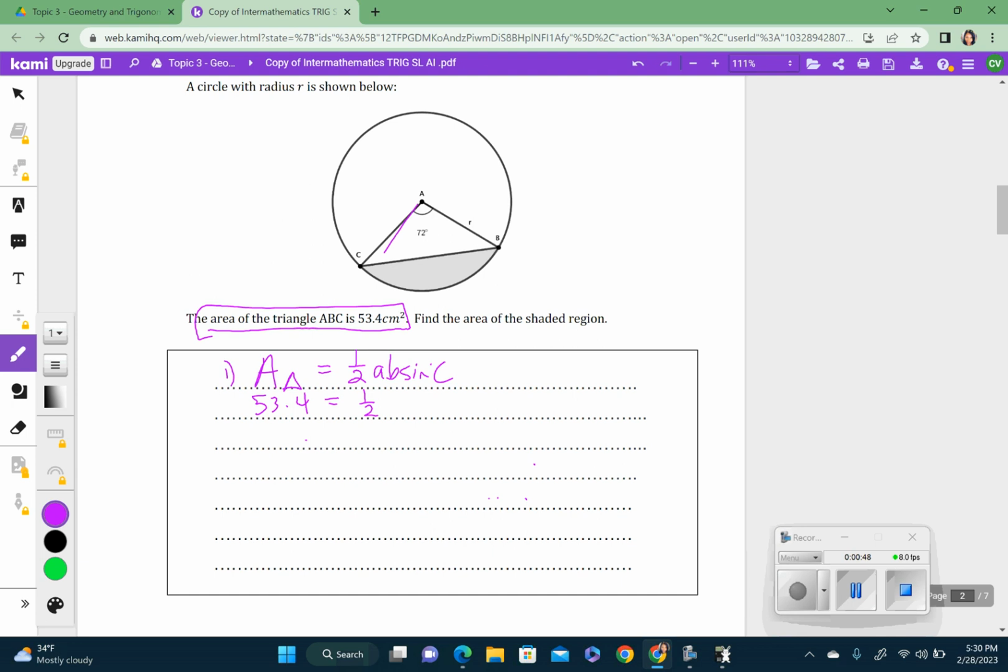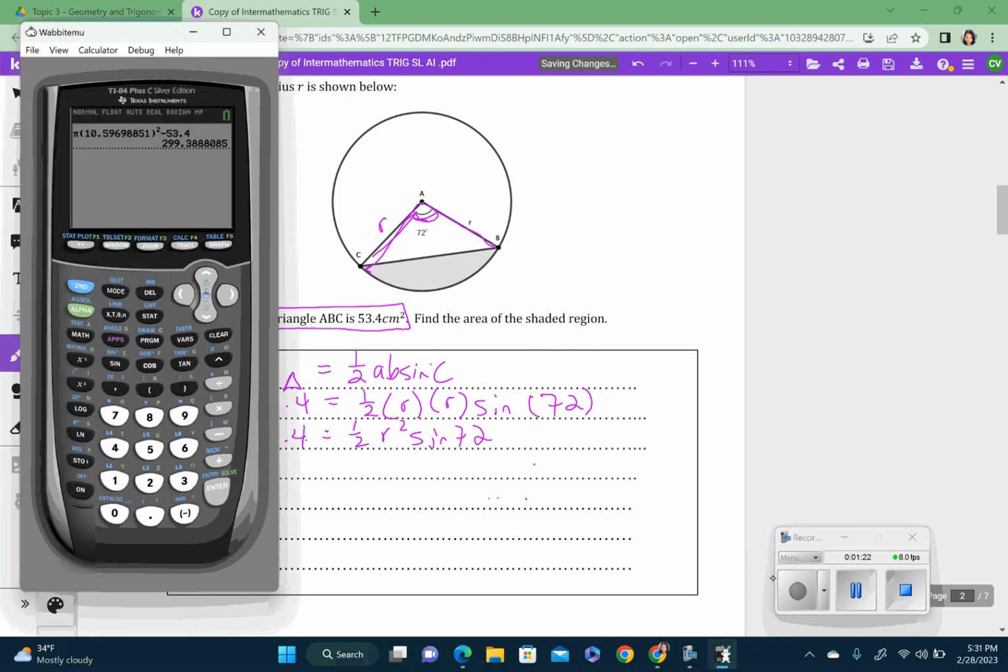Now look, this is a radius, so it's R and R. This is a central angle, so our a is R and our b is R. And then the sine of C, specifically our angle right here, is 72 degrees. So I'm just going to plug that in. If I simplify, I have 53.4 is equal to 1/2 R times R is R squared sine 72.